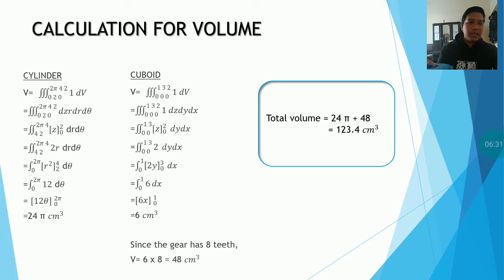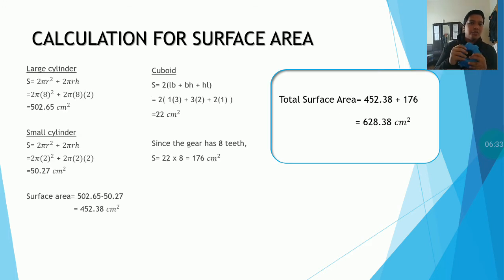Okay, next I want to explain the calculation for the surface area. The formula to find the surface area of the cylinder is 2 pi r squared plus 2 pi r h. I put the value of the radius into the equation as prepared in the slide.